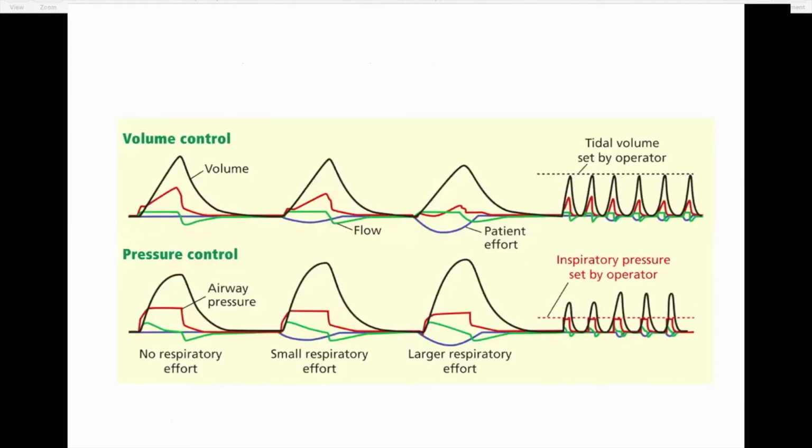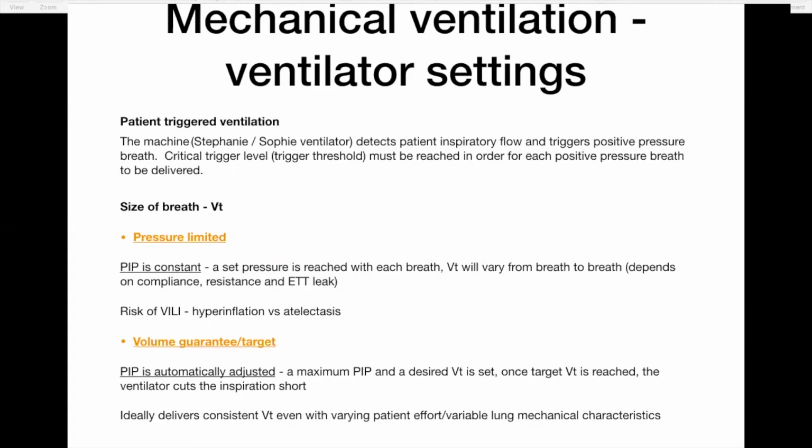So there is a picture. On the bottom, you can see the pressure control. You set an inspiratory pressure, and depending on the lung compliance and resistance, it's going to deliver variable tidal volumes. And when we would like to deliver volume targeted, sorry, or volume guaranteed ventilation, we are going to set a maximum PIP and the desired tidal volume, and our working PIP is going to be automatically adjusted.